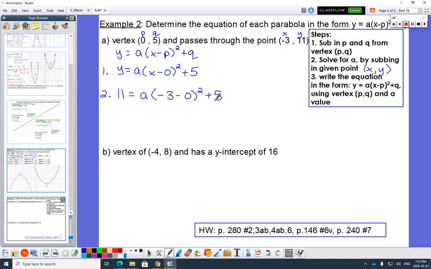And now you just have to follow BEDMAS. So again, you decide how much work you need to show, okay? So I'll simplify this first. Negative 3 squared is 9. Now, normally, we don't write this, right? Actually, you know what? I won't skip steps.